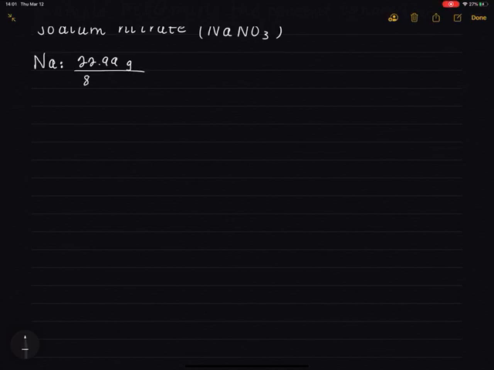Take a sodium, a nitrogen, and 3 oxygens. We get 85. Multiply it by 100 to turn it into a percentage. And we get 27.05%.